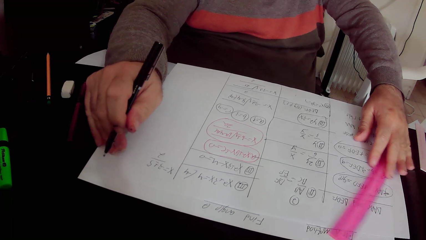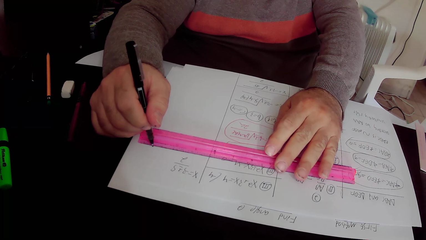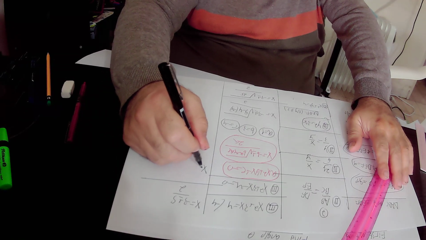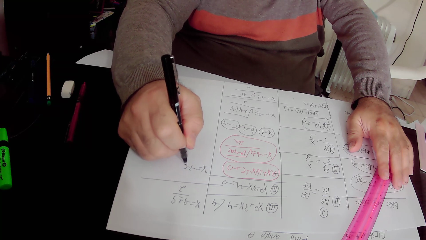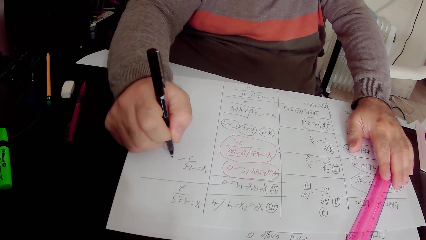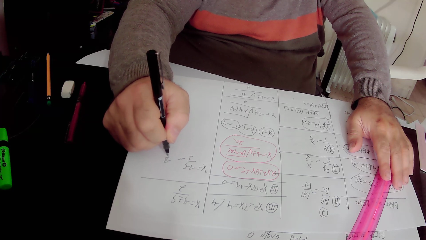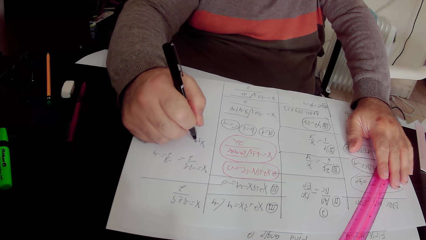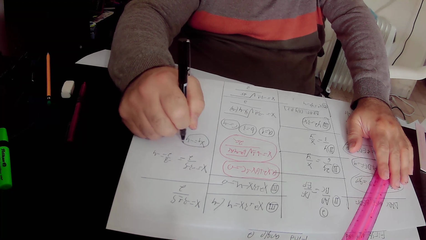So here we will have two possible solutions for x. The first solution for x is x equals minus 3 minus 5 over 2. Minus 3 minus 5 is minus 8, and minus 8 over 2 is minus 4. So we found that x1 equals minus 4.